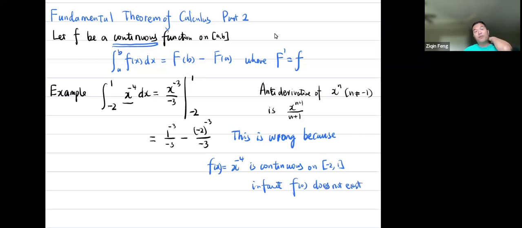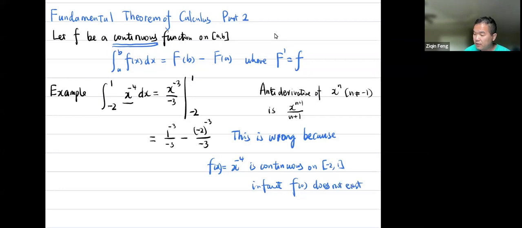So before you apply the fundamental theorem of calculus, you have to check the assumption. Otherwise, you get a number which doesn't make sense. This is very important before you apply any result: you have to check whether the assumptions are satisfied, and then you can do that.